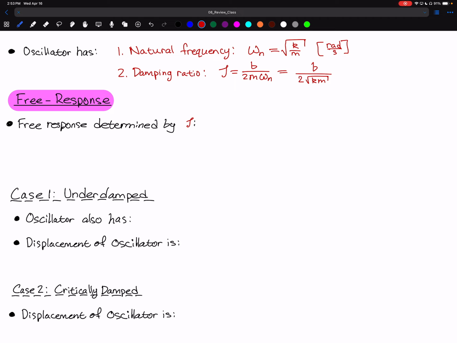All right, so we're going to look at free response, and then we'll go on and look at forced response. For free response, everything was really determined by zeta, or the damping ratio. We had three different cases. The first was when zeta was greater than 0, but less than 1. This is our underdamped case.